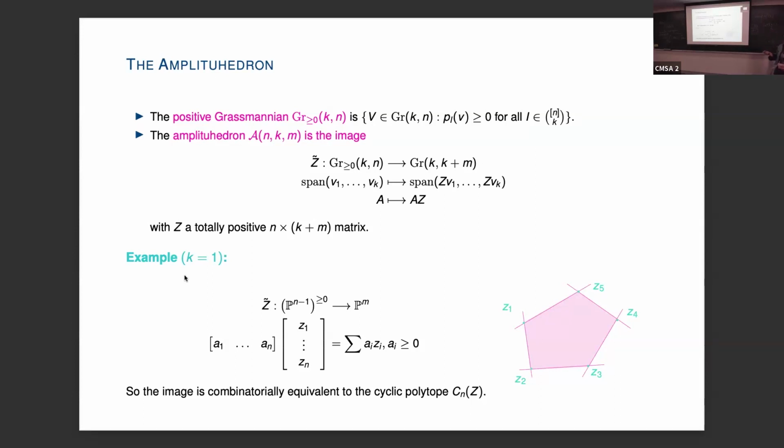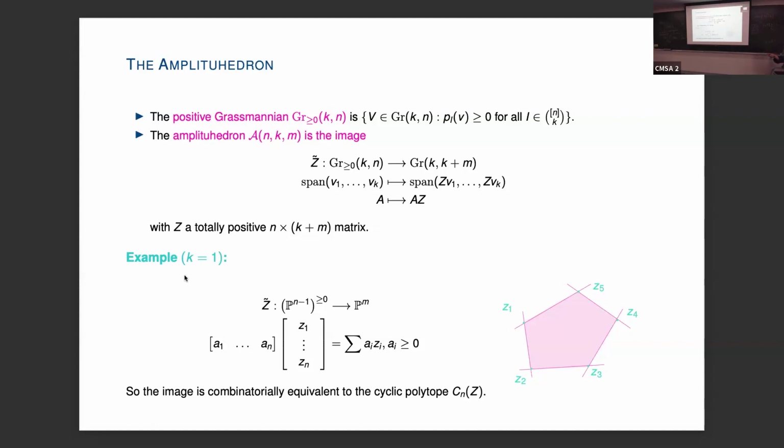And so, for example, when k equals 1, this map becomes very simple. So when k is 1, we just have a map from projective space P^(n-1), but non-negative, since we're taking the non-negative part of the Grassmannian.